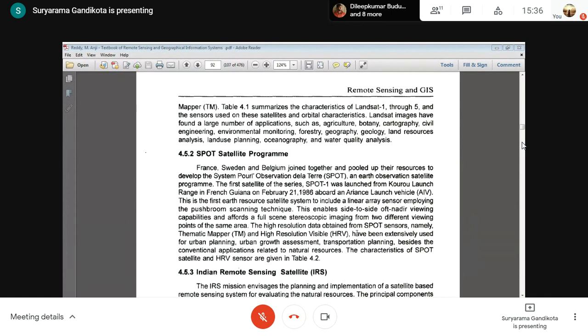Landsat images have found a large number of applications such as agriculture, botany, cartography, civil engineering, environmental monitoring, forest resource analysis, land use planning, oceanography and water quality analysis.